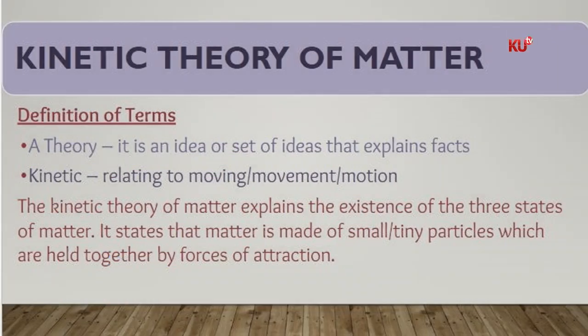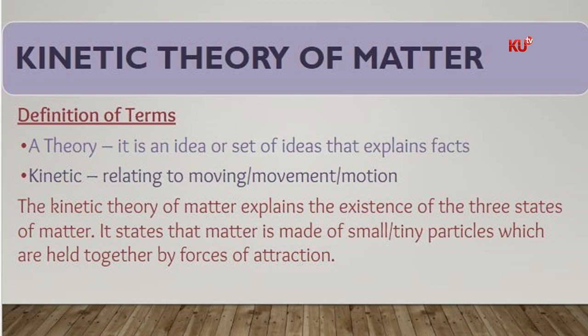A theory simply is an idea or a set of ideas that explains facts. I can just call it, in simple terms, an explanation. It is something that tells us why this is happening. Why does this happen the way it happens? Why does something exist the way it exists? So that is a theory.